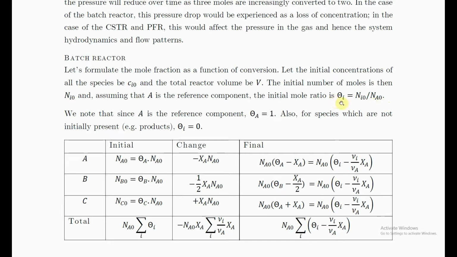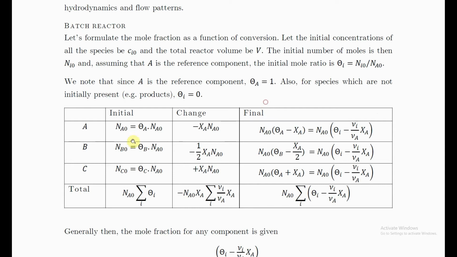So in the case of the batch reactor, the version of theta I looks like this. It's going to be your initial number of moles in the reactor for component I divided by the initial number of moles of component A, or whatever basis you choose, in the reactor. So that's theta I. And we recognize here, we did say this, that by definition theta A equals 1, and usually for a component that is not present initially, like a product, then theta I equals 0.